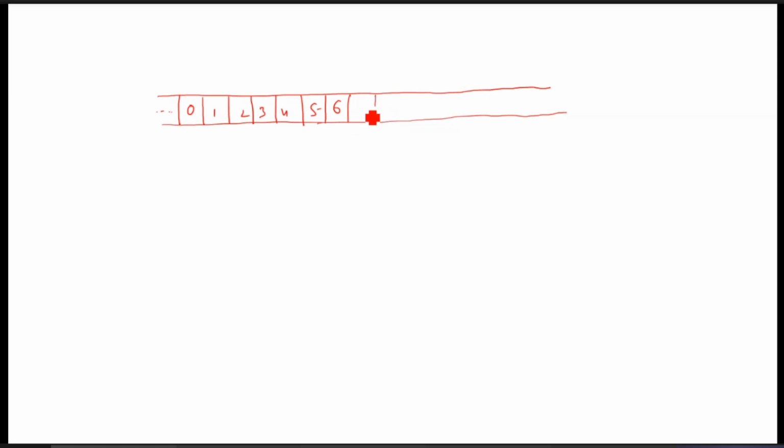Next it will be 0 again, then 0, 1, 2, 3, 4, 5, 6, 7, like these things. Right. In this way, frames are being transmitted.